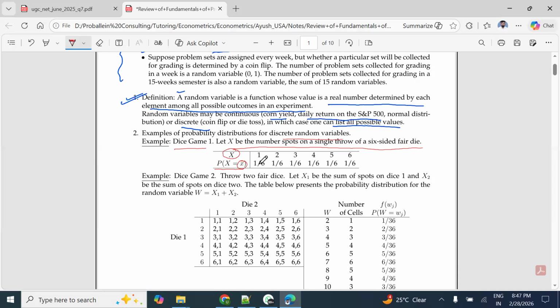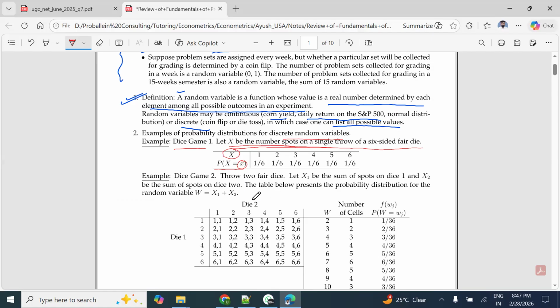So what is the random variable here? Small x, sir. No. Random variable is capital X, the number of spots on a single throw of a six-sided fair die. This is the random variable, and small x is the specific value. Correct? Are you getting my point?